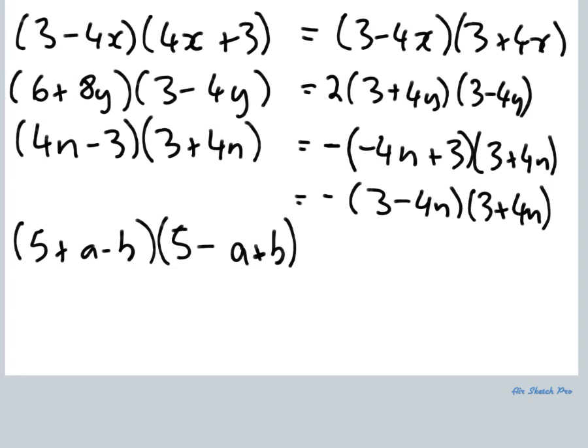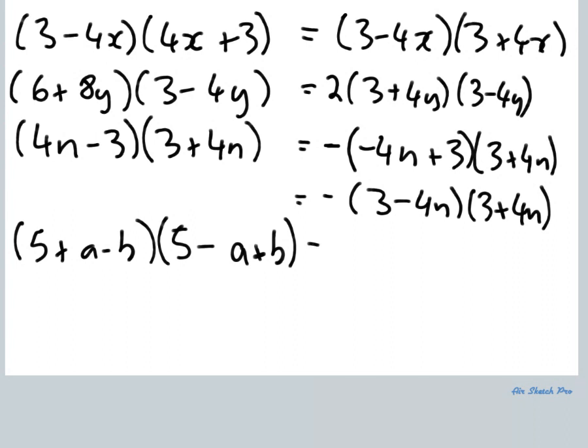Because, to be fair, we certainly don't have all pluses and all subtractions, but more importantly, we have 3 terms there. We have 5 and an a and a b and a 5 and an a and a b. So 3 terms for each binomial. So it's not a binomial, it's a trinomial times a trinomial. So it doesn't work as it stands. But I want to show you a couple of tricks there to make it work for us.